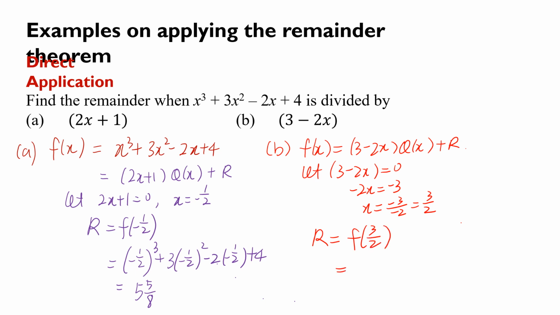So we're going to substitute x equals 3 over 2 into our f of x, which is x cubed plus 3x squared minus 2x plus 4. So 3 over 2 cubed plus 3 bracket 3 over 2 squared minus 2 bracket 3 over 2 plus 4.